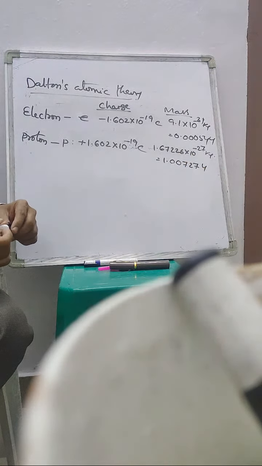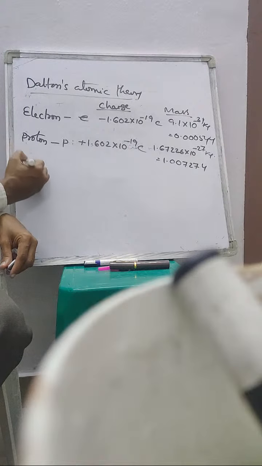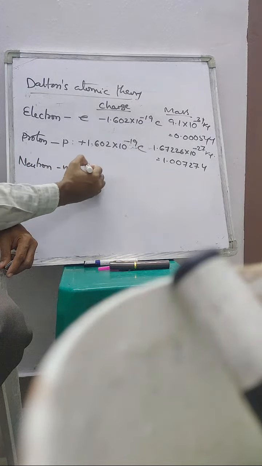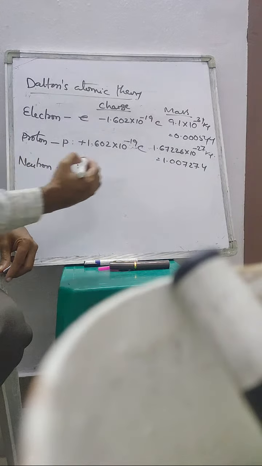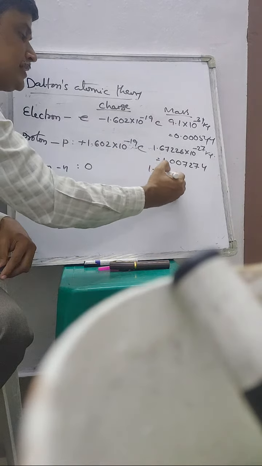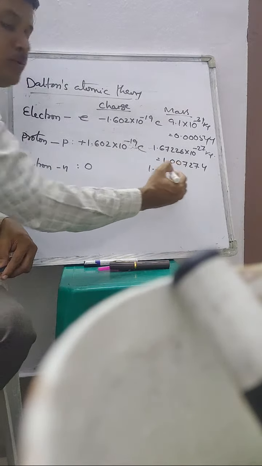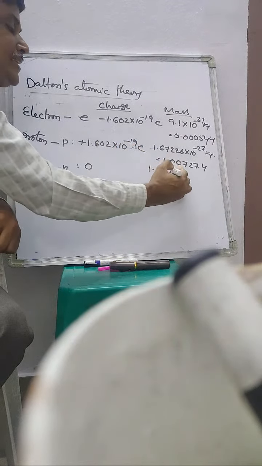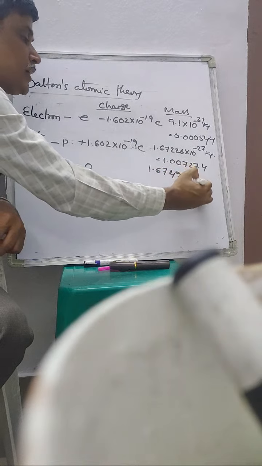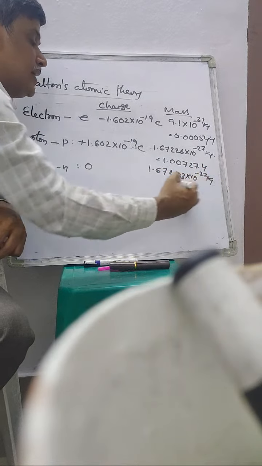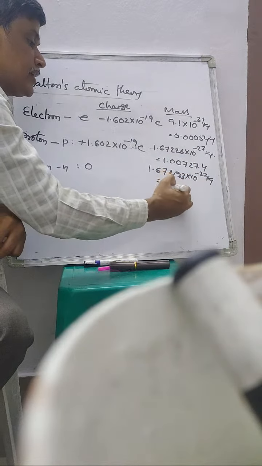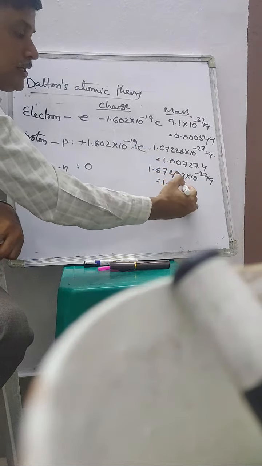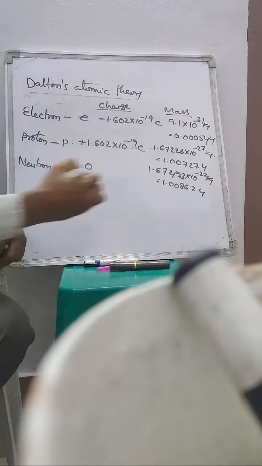The neutron is represented with n. Its charge is 0, it is a chargeless particle, and its mass is 1.6749 × 10^-27 kg, and in Daltons 1.00867 Daltons.